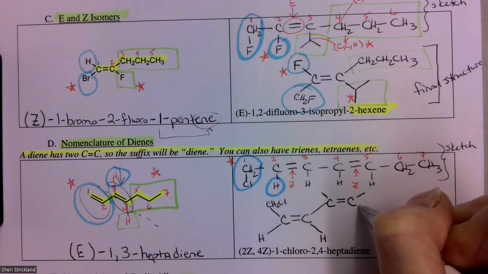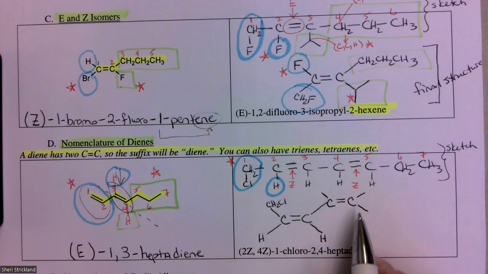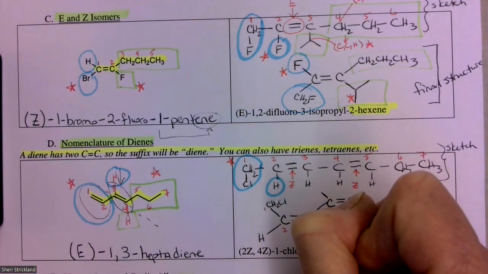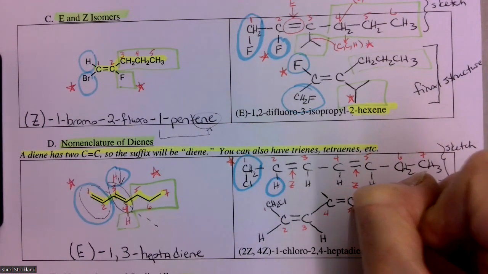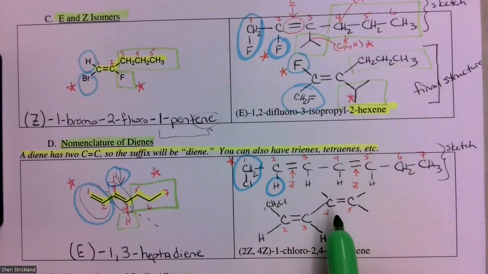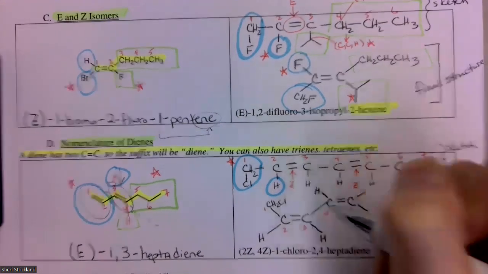Okay. It also is Z because this is 1, 2, 3, 4, 5. So let's see. Let's put some numbers on here. Maybe that'll help keep track of things. I think half of chemistry is just keeping track. All right, so when we look here, carbon 4 has the hydrogen here.